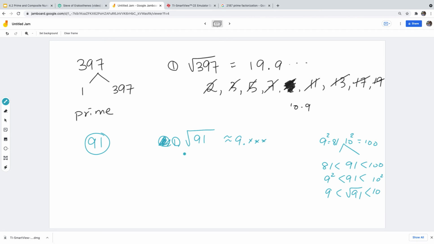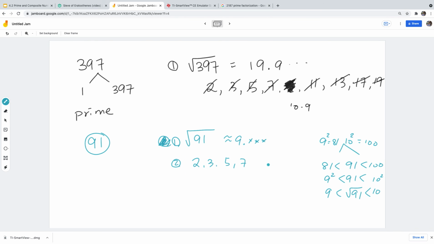The second thing you're gonna think about is what prime numbers you need to check as a factor of 91. So 2, 3, 5, 7. These four numbers are the only prime numbers less than or equal to 9 point something, right?